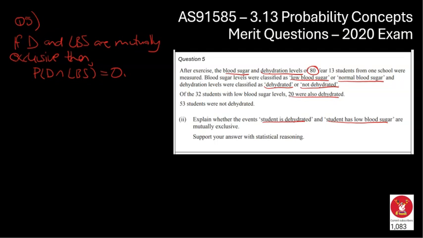It's impossible for them to happen. So I'm assuming we're going to have to calculate this probability with all the information we're given, perhaps using a two-way table. So let's construct that two-way table.